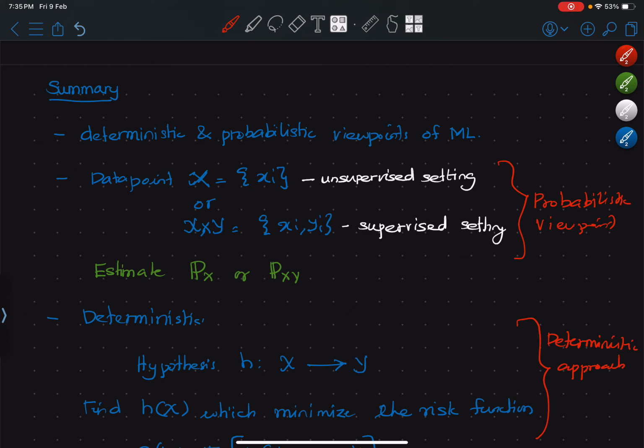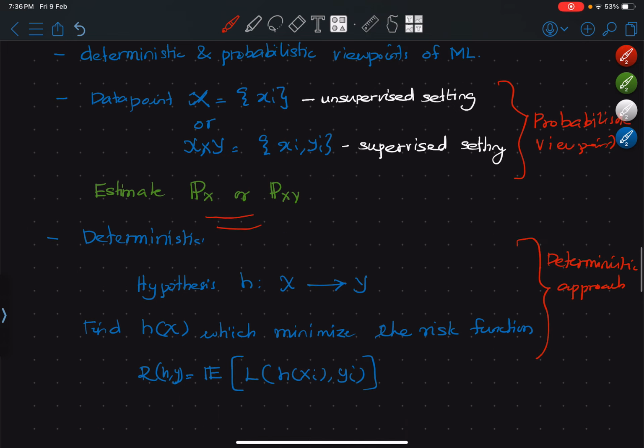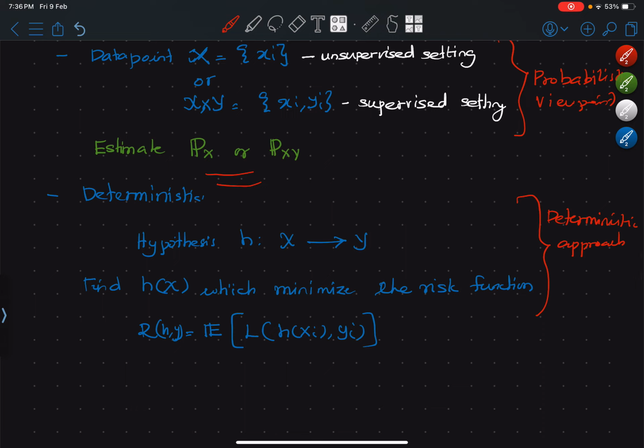What is the probabilistic viewpoint? We have a data point which can have its label separated, or the labels can be put together. If the labels are put together, it's known as unsupervised learning. If the labels and data features are put separately, it's known as supervised learning. In both these cases, we have to estimate Px or Pxy, the joint distribution.